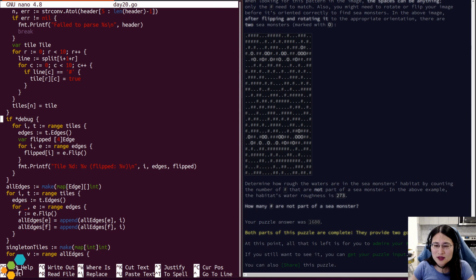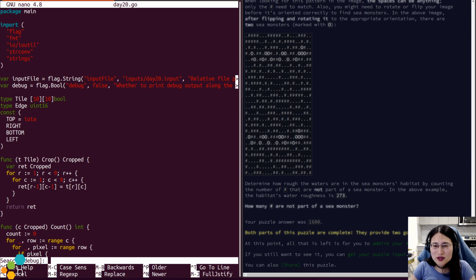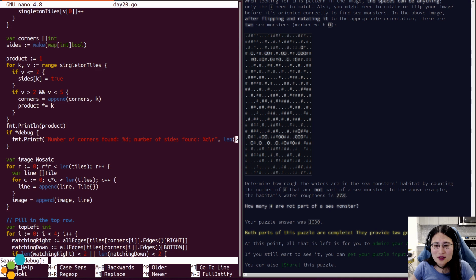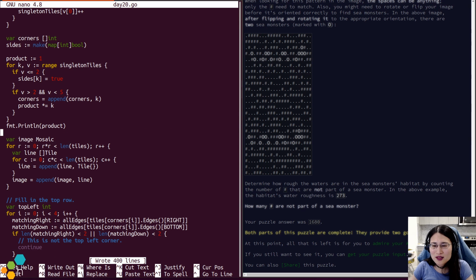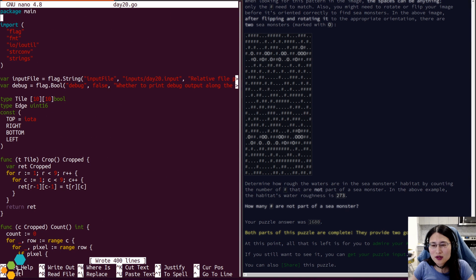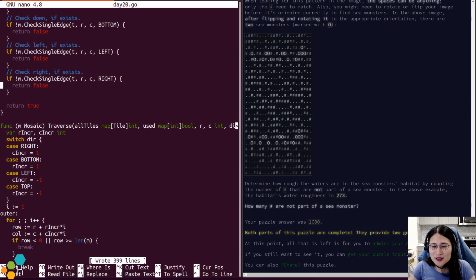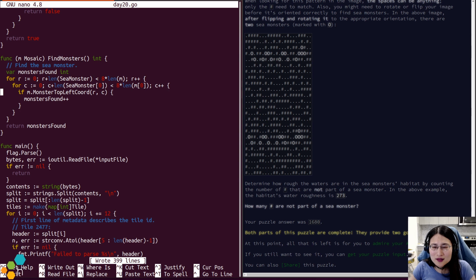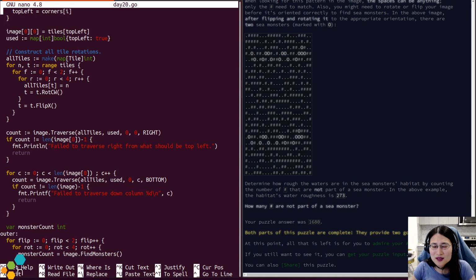Going to take out this debug code here. Okay, that number of corners and sides found, that's still fine. That's not too verbose. In fact, I don't need my debug flag anymore at all. The other thing I need to do to clean this up really quick is, oh, this is readable enough.